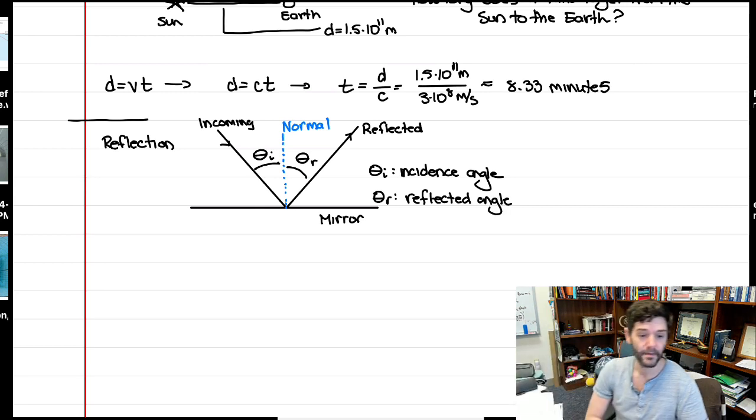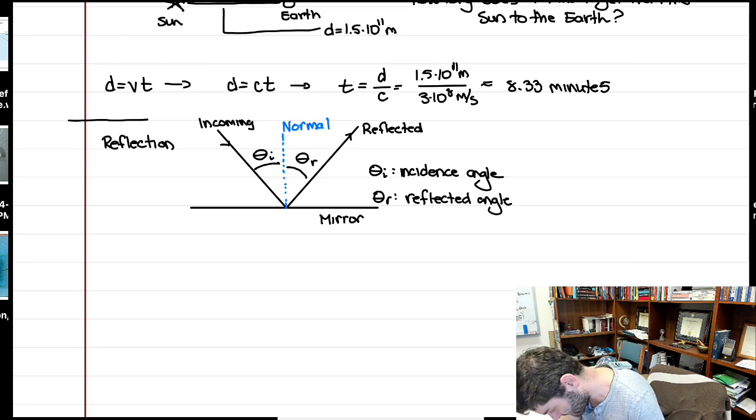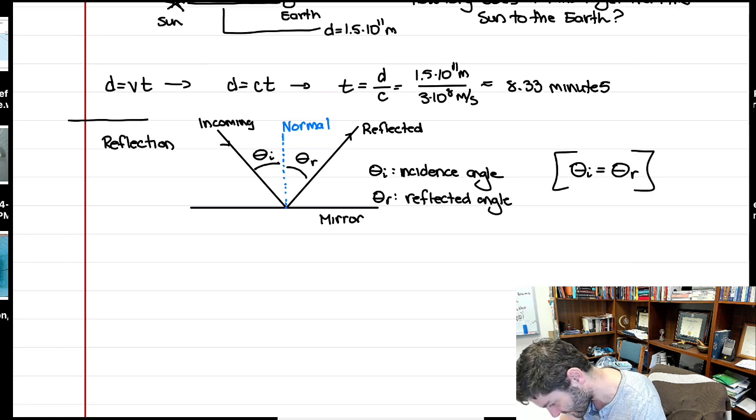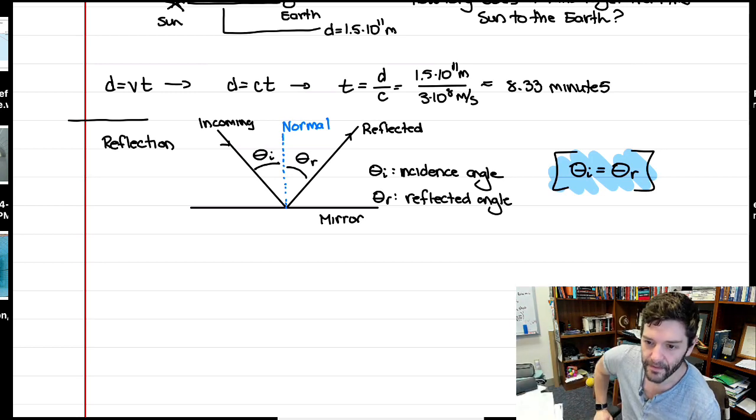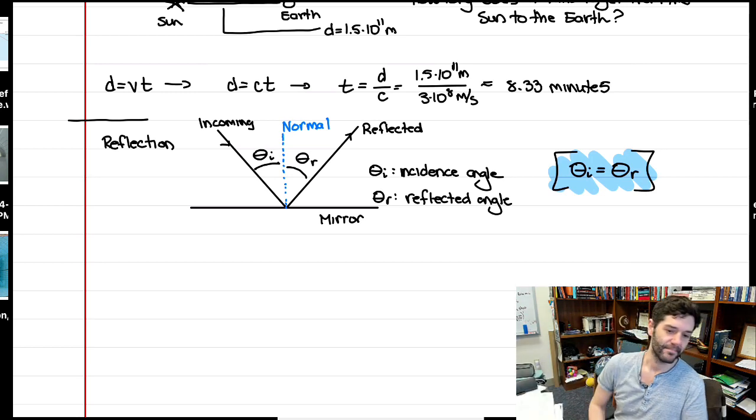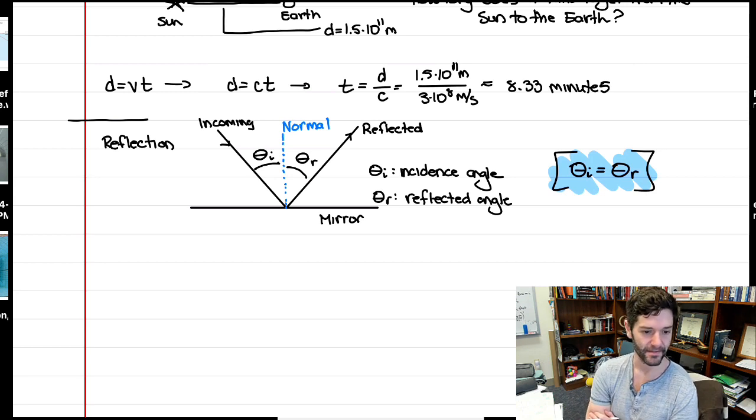And the relationship is that theta sub I equals theta sub R. Man, isn't that nice? No derivatives of flux or Lenz's law or anything like that. For reflection, the incoming angle, the incidence angle, matches the reflected angle. What a treat.